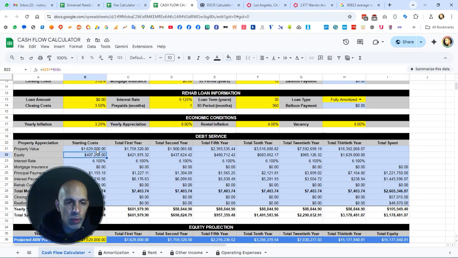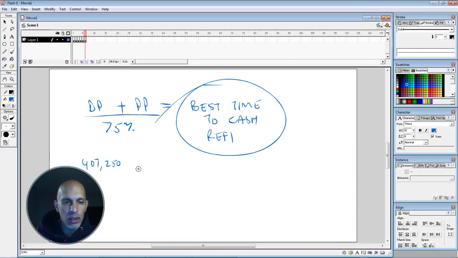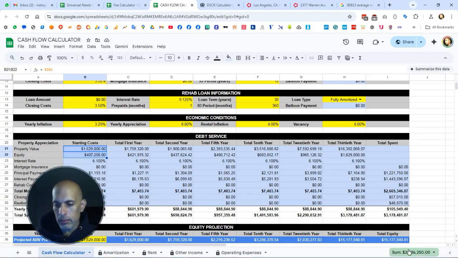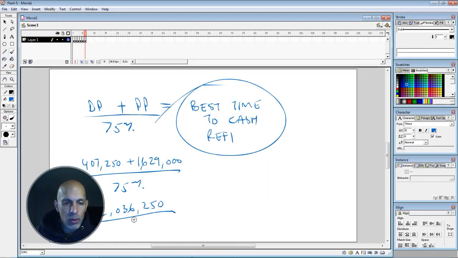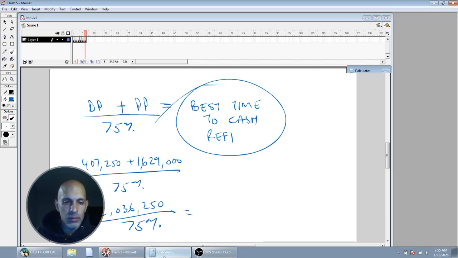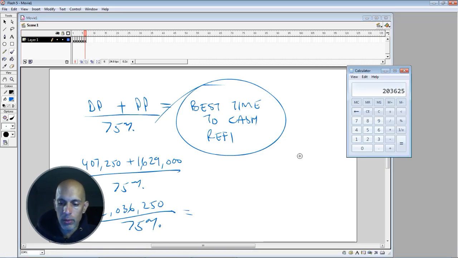Purchase price was $1,629,000. So that's $2,036,250. $2,036,250 divided by 0.75.